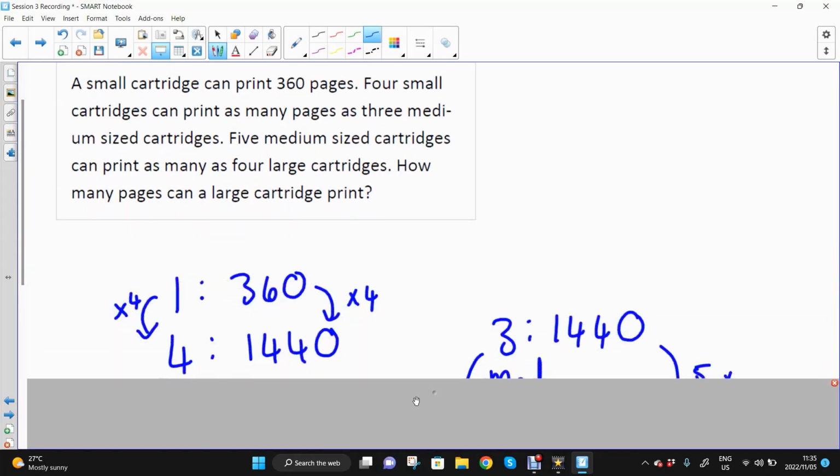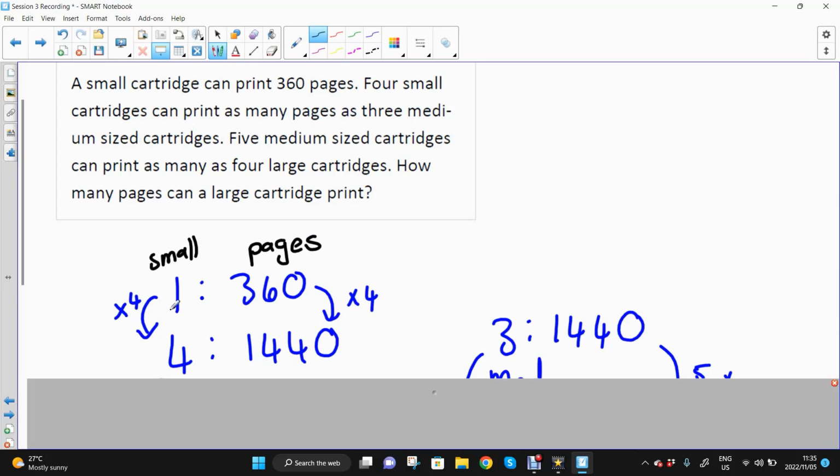So I started off with the first one, and just to explain what I did here, this is my first ratio given. A small cartridge can print 360 pages. So this is a small one. One small one can print 360 pages. 4 small cartridges can print as many. Okay, so let's stop there.